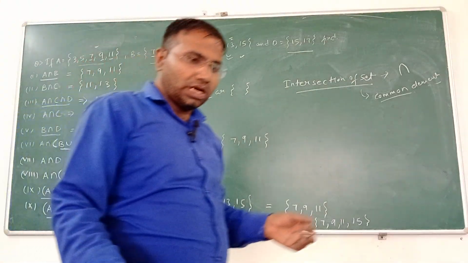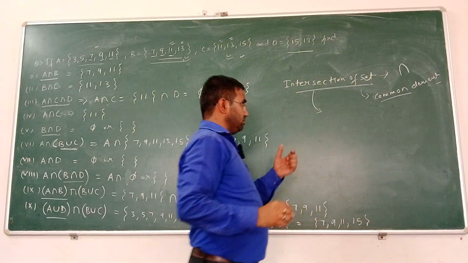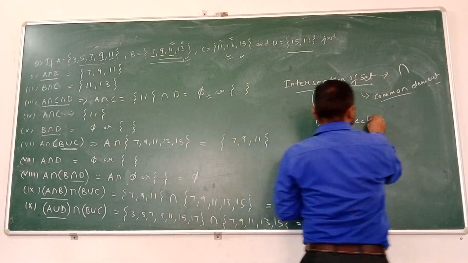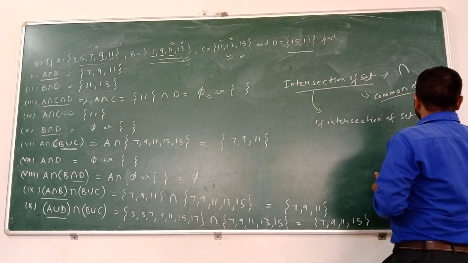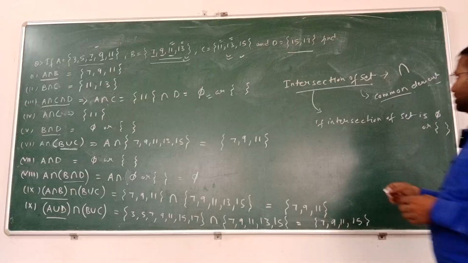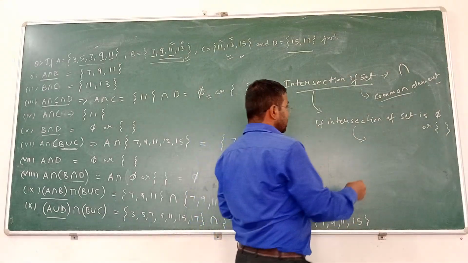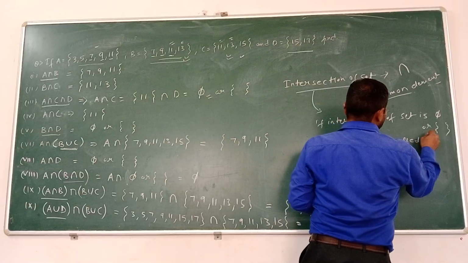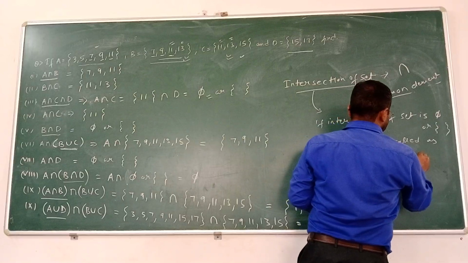Okay, one main thing to learn here: if the intersection of two sets is phi, or simply braces, meaning no element is there, then those sets are called disjoint sets.